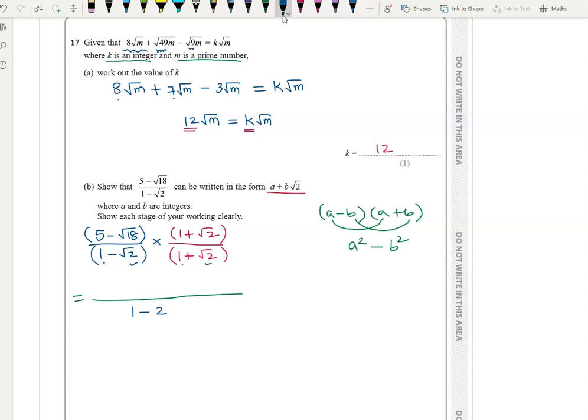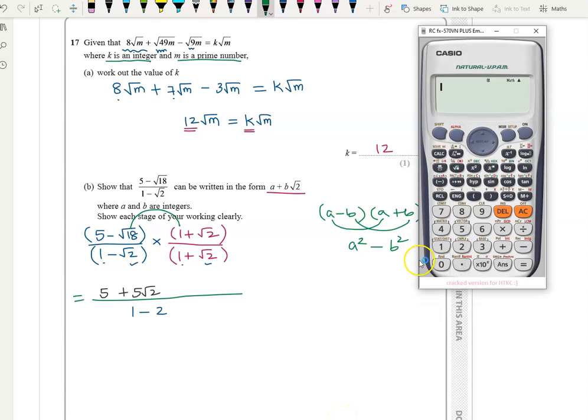Now for the numerator, we will use the FOIL method. So you will multiply 5 to the second bracket. So 5 times 1 is 5 and 5 times positive root 2 is 5 root 2. Now we will need to multiply by root 18. So negative root 18 times 1, you can do it in the calculator, it will give the simplified form.